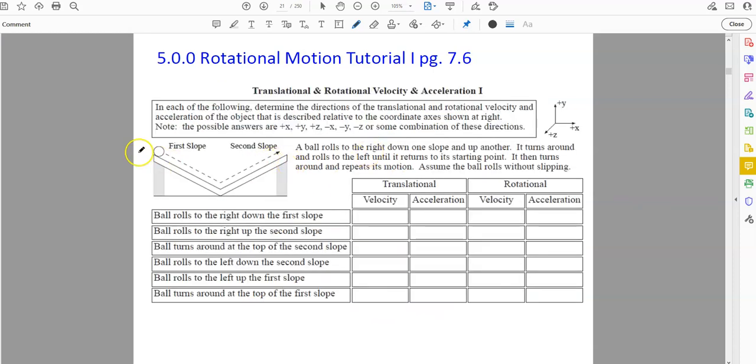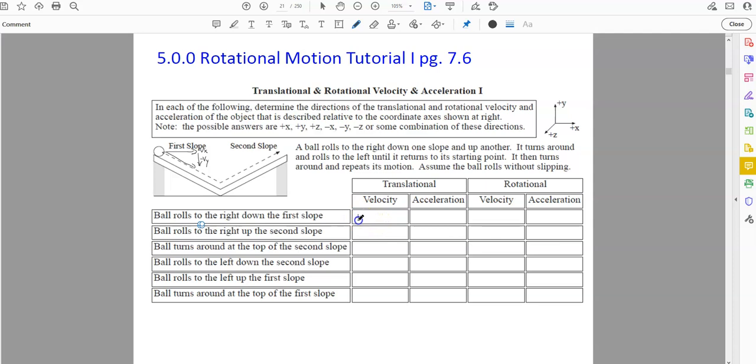In page 7.6, you're going to be doing what we did before back in chapter 1 on motion, but with translational motion related to angular motion. For example, let's do this first one right here. The ball is rolling down the first slope, so it's rolling to the right, in the x direction, but it's also moving in the negative y direction. And it's going to be speeding up too.